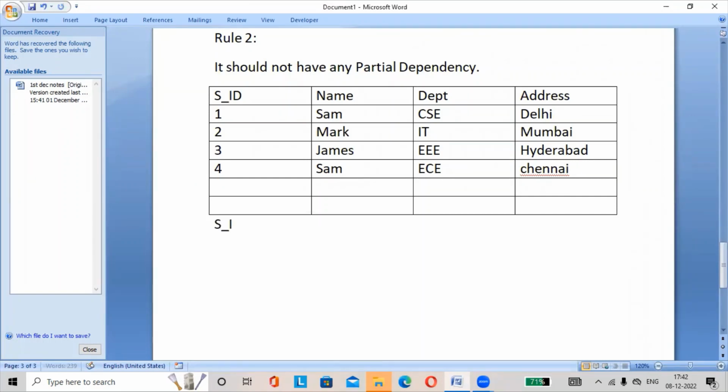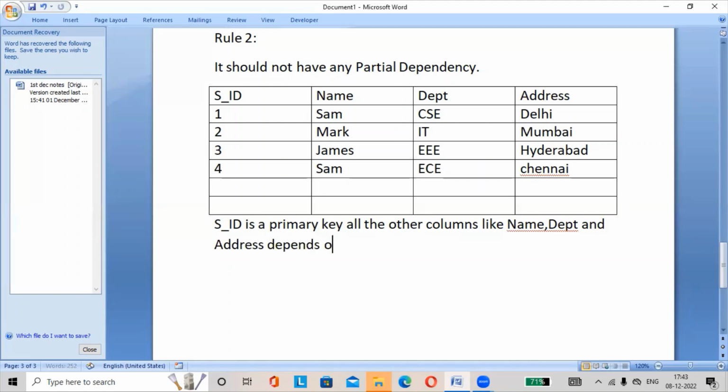Student ID is a primary key. All the other columns like name, department, and address depend on student ID.